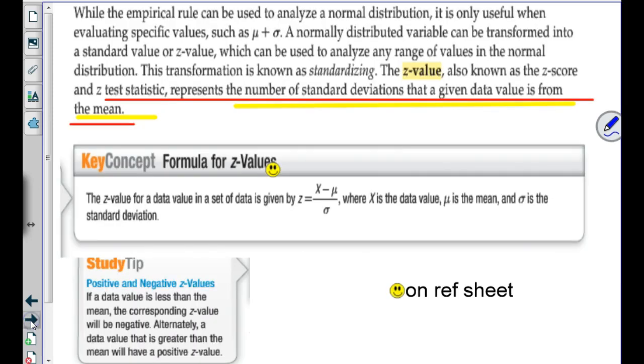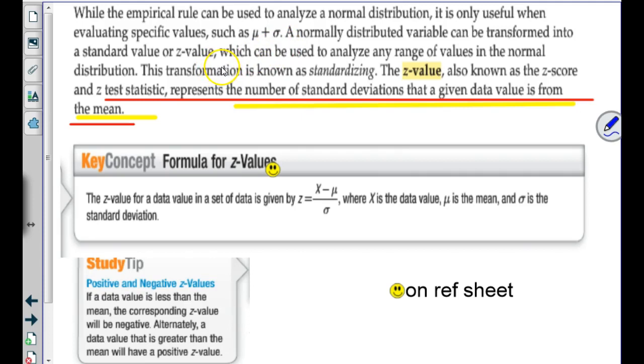When we don't have an exact number of standard deviations that fall on the empirical rule, it's only useful when evaluating specific values, when you have the mean plus exactly 1 or 2 or 3 standard deviations. But if you have a part of a standard deviation, then we're going to use what's called a Z-score.